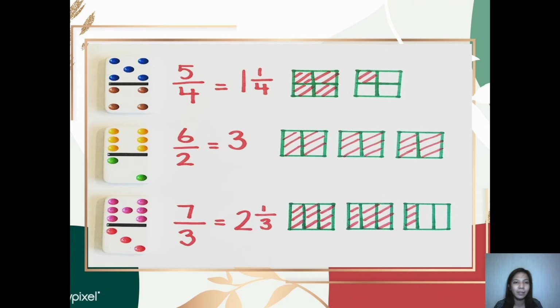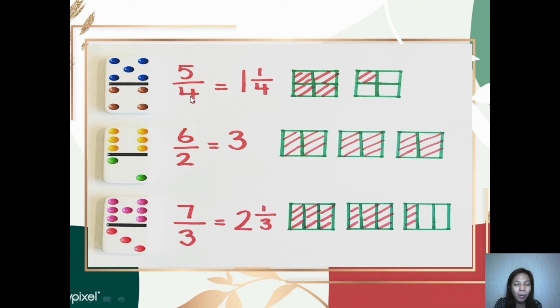Alright, here is another example. We have here the blue dots, the domino here. So 5 over 4. The simplest form of this 5/4 is 1 and 1/4. How? Just divide.